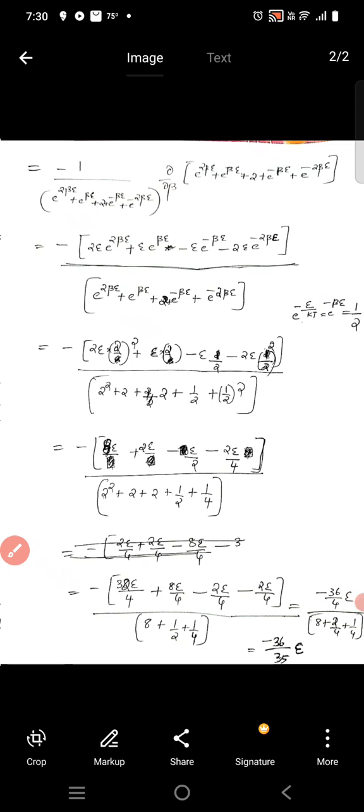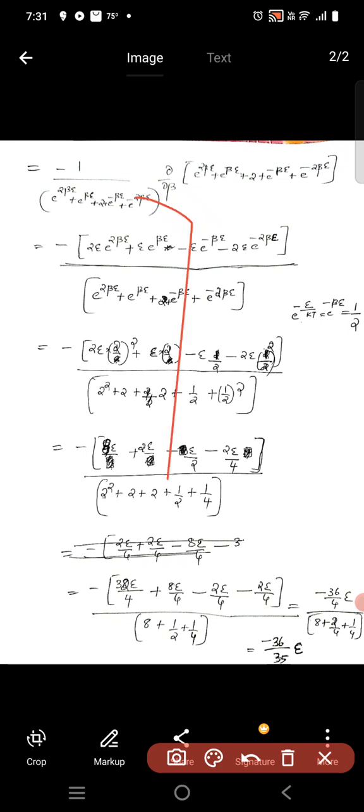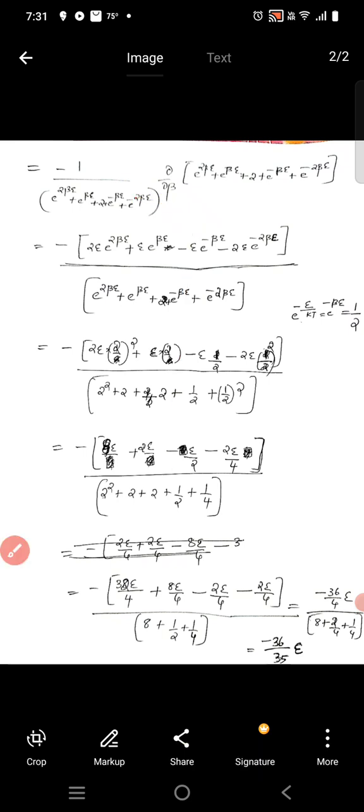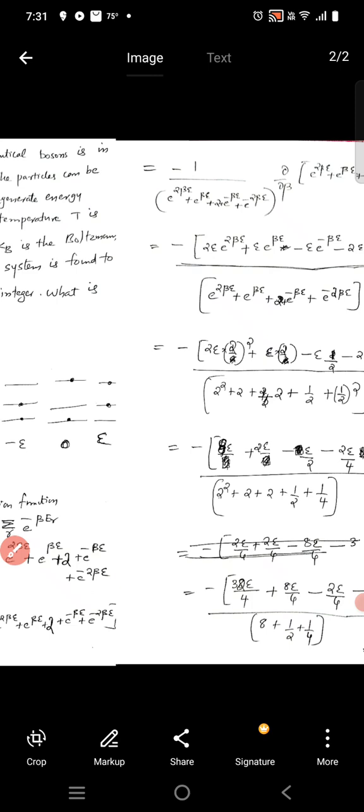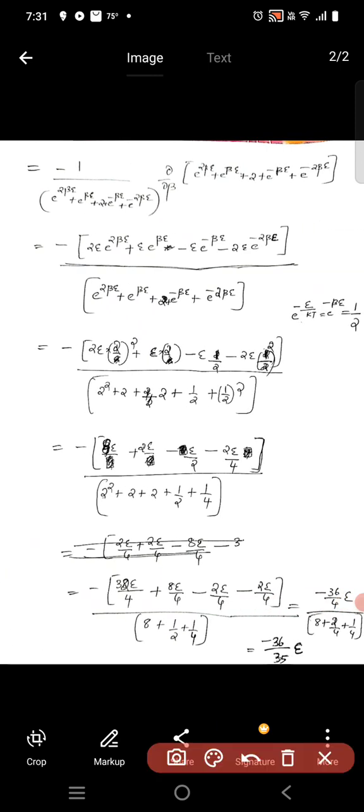And we follow the differentiation. As you differentiate log q, q comes in the denominator, and in the numerator you have dou by dou beta of q. And as you differentiate, you will get this expression.